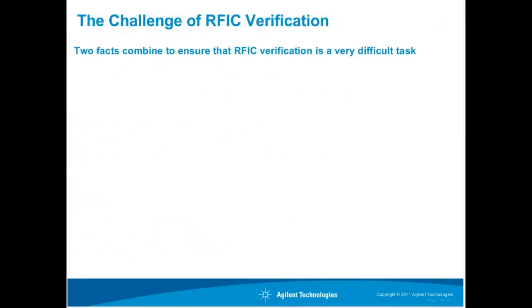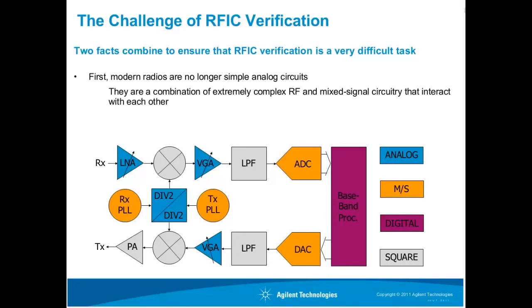So I'm going to start off by proposing that there's really two main things that make RFIC verification quite a difficult task. The first one is that modern radios are not simple analog circuits like you may be used to radios being in the past.